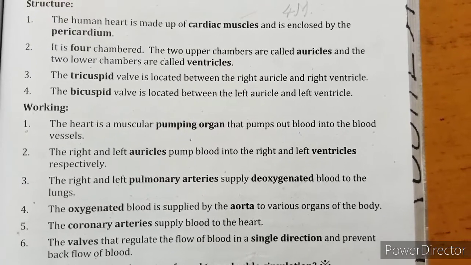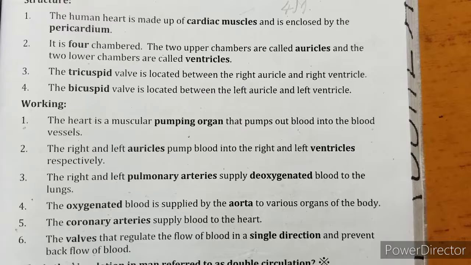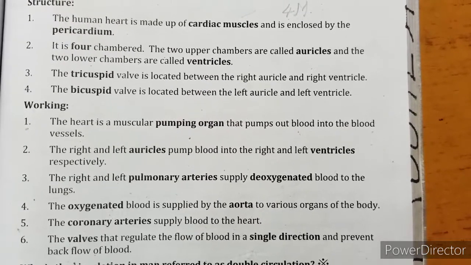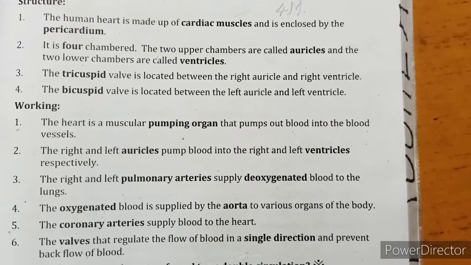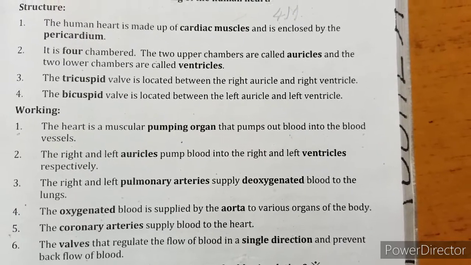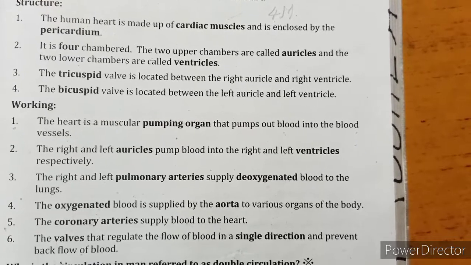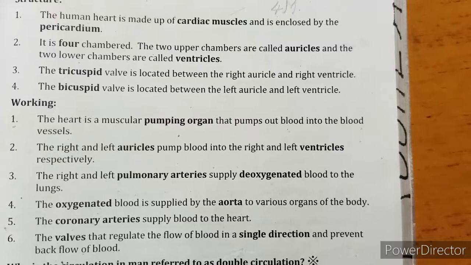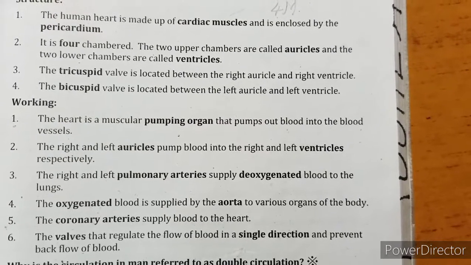Working. The heart is a muscular pumping organ that pumps out blood into the blood vessels. The right and left auricles pump blood into the right and left ventricles respectively. The right and left pulmonary arteries supply deoxygenated blood to the lungs.